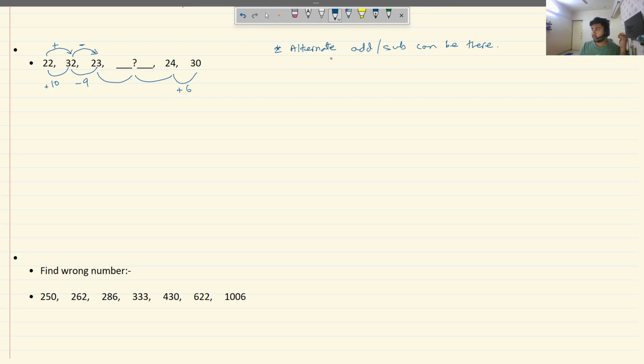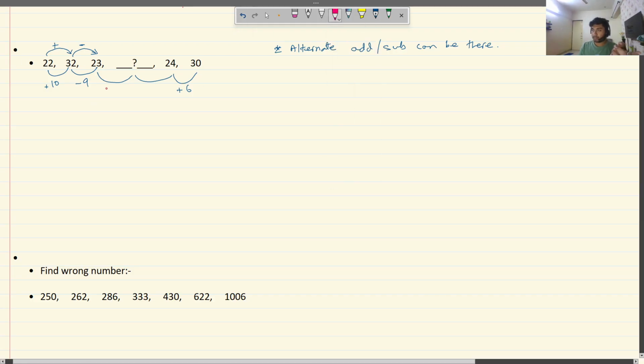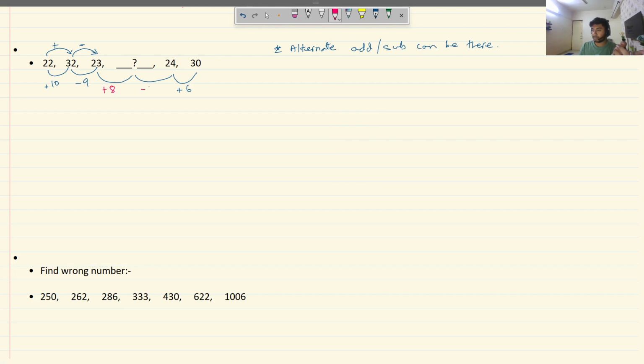So alternate add or subtraction can be there. So I am seeing the alternate pattern plus minus, and then the differences themselves are reducing by 1, from 10 to 9. So can it be that this will be again plus 8 and minus 7? Makes sense.